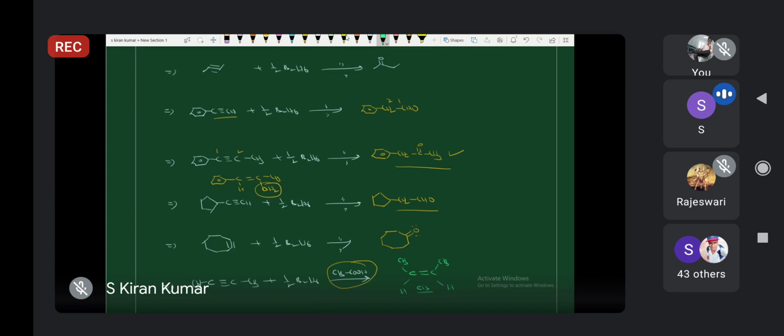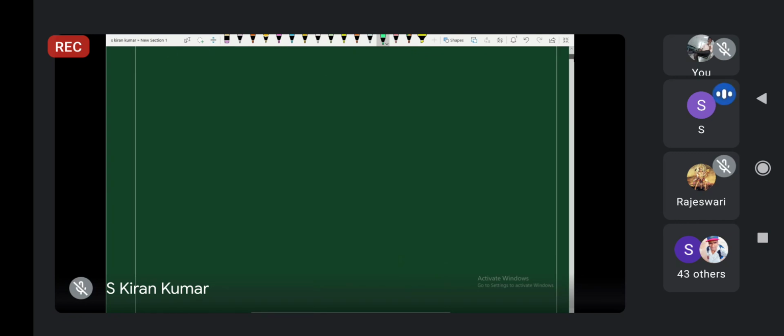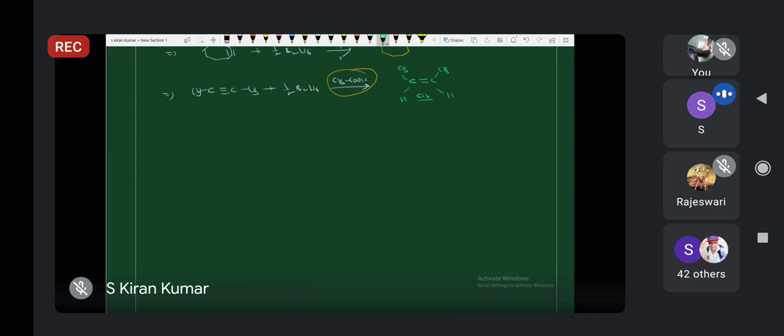Okay, next another important reaction of alkynes, ozonolysis. Alkene ozonolysis is very important when compared to alkyne ozonolysis; in alkenes, different types of processes occur. In alkyne ozonolysis, there is addition of ozone.